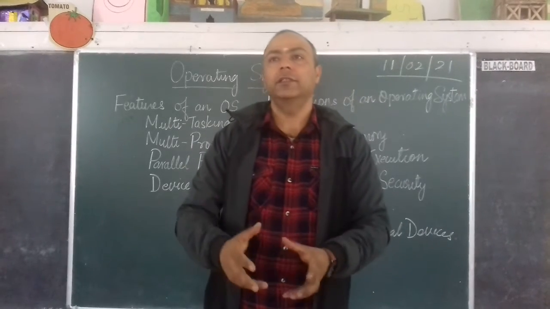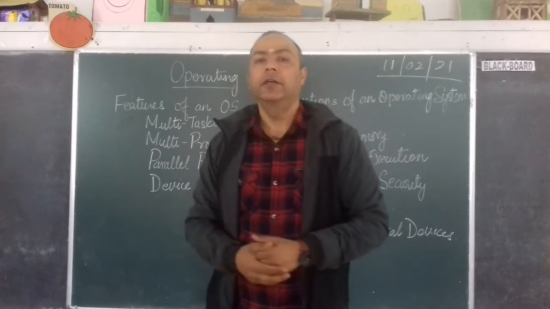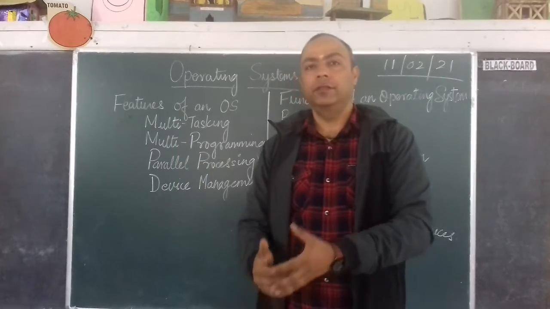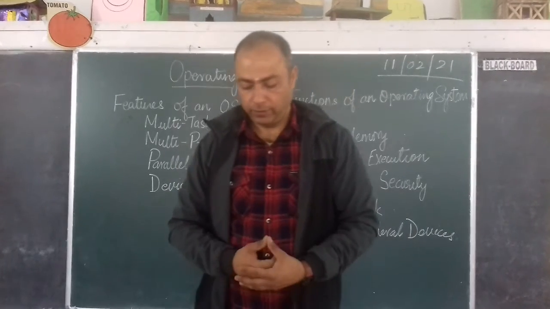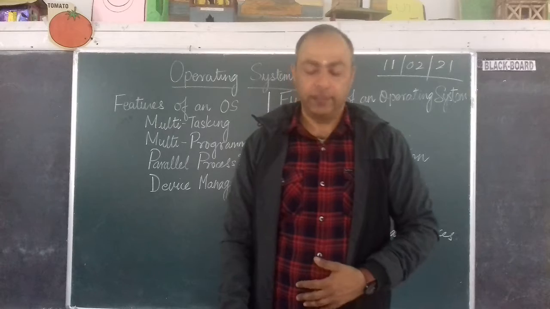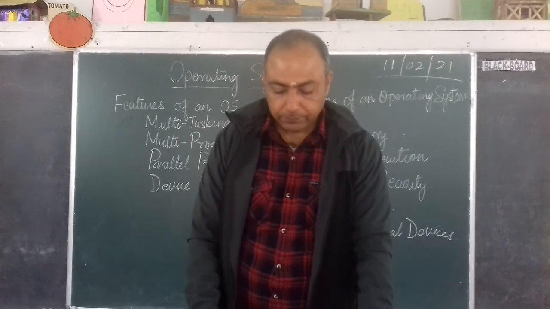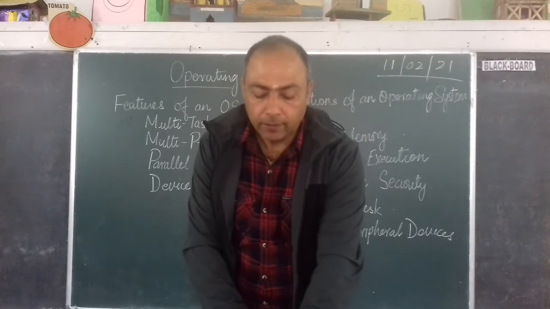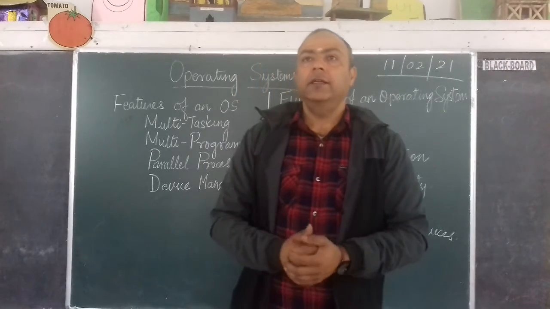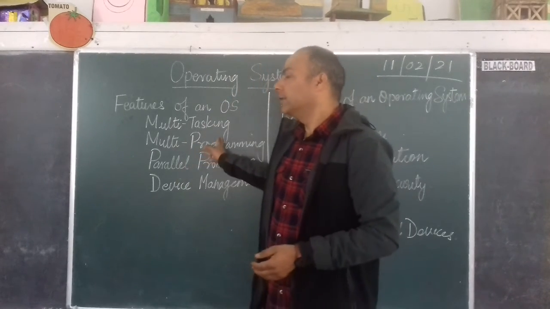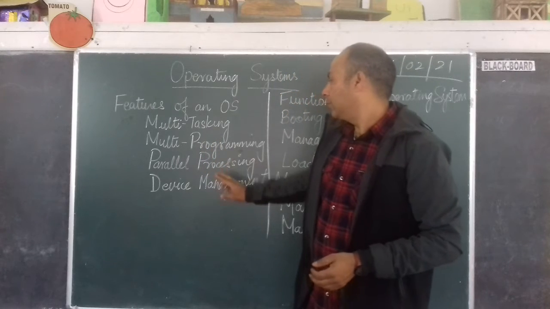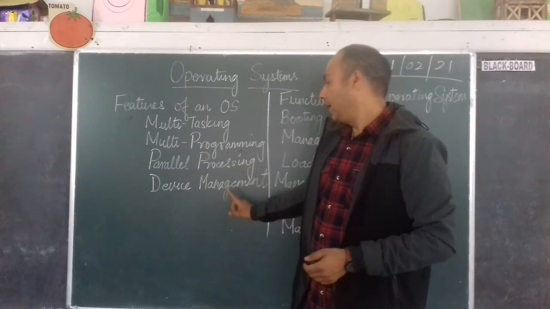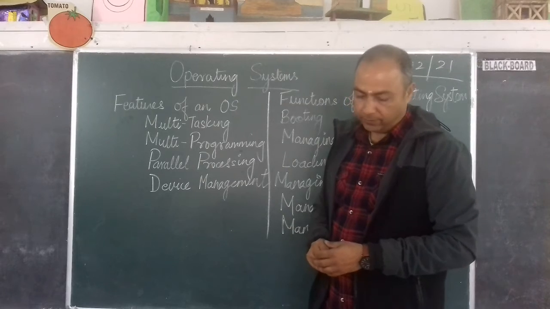And after processing the data, the result needs to be displayed on the monitor, or stored in some device. That is also looked after by the operating system. So one of the most important features of the operating system is the management of devices. We discussed the multitasking feature, multi-programming feature, parallel processing feature, and device management feature.